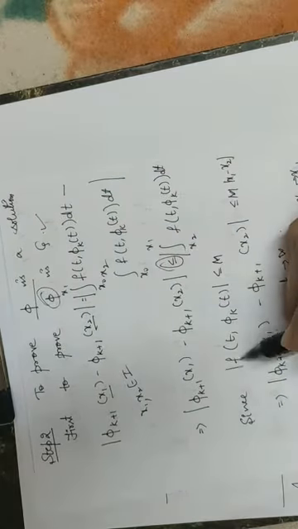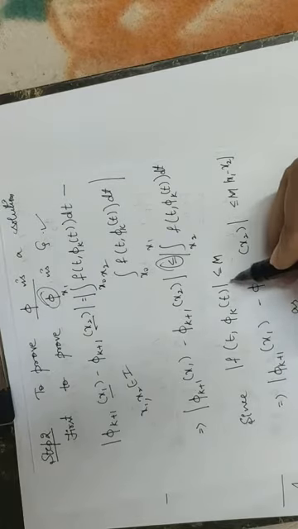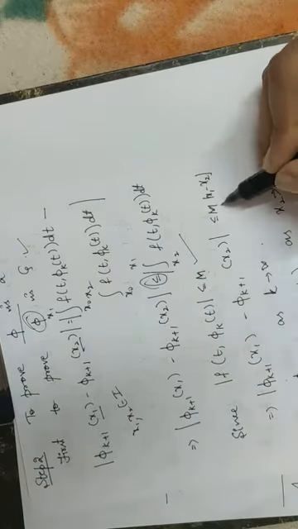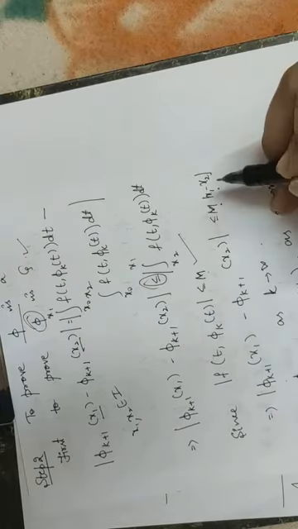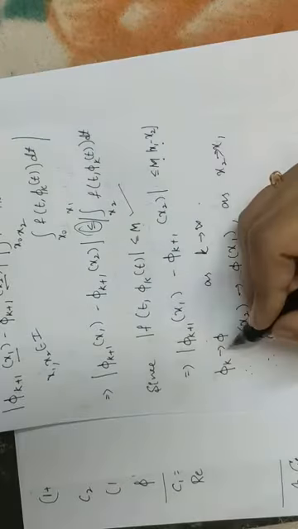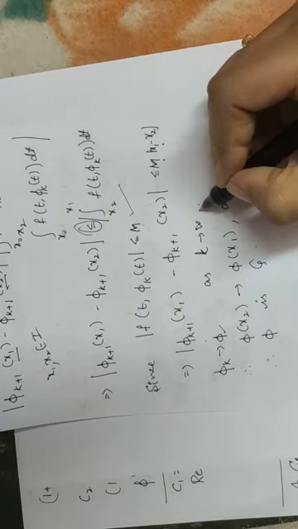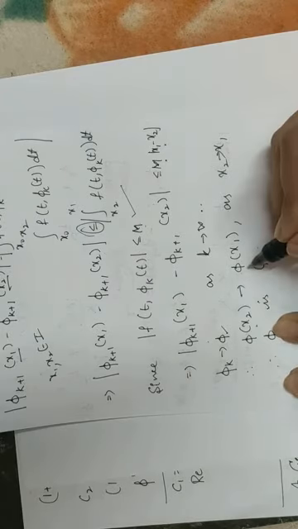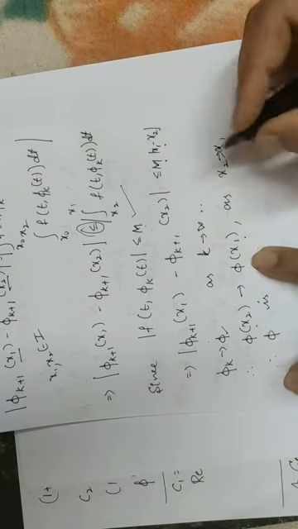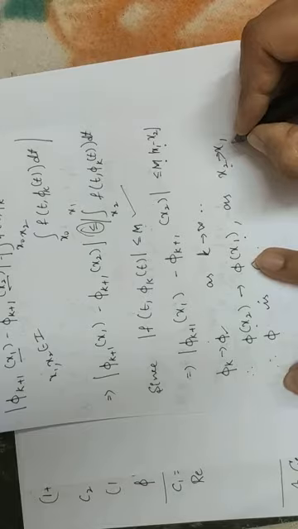So since we know that modulus f of t comma phi k of t is less than or equal to m, from this I can write that my LHS part is less than or equal to m into mod x1 minus x2. So here this part we have already proved that phi k converges to phi as k tends to infinity. So from that I can say that phi of x2 converges to phi of x1 as x2 converges to x1, right?